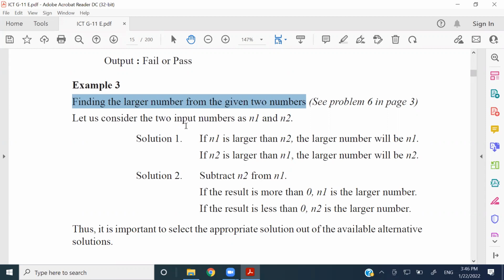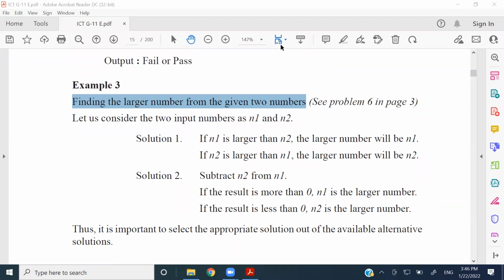So the best way, the simple way that we can do is, we can give some variables to indicate the first number and the second number. Then we compare those two numbers. If the first number is larger than the second number, then the first number is the biggest one. If not, the second number is the biggest one.